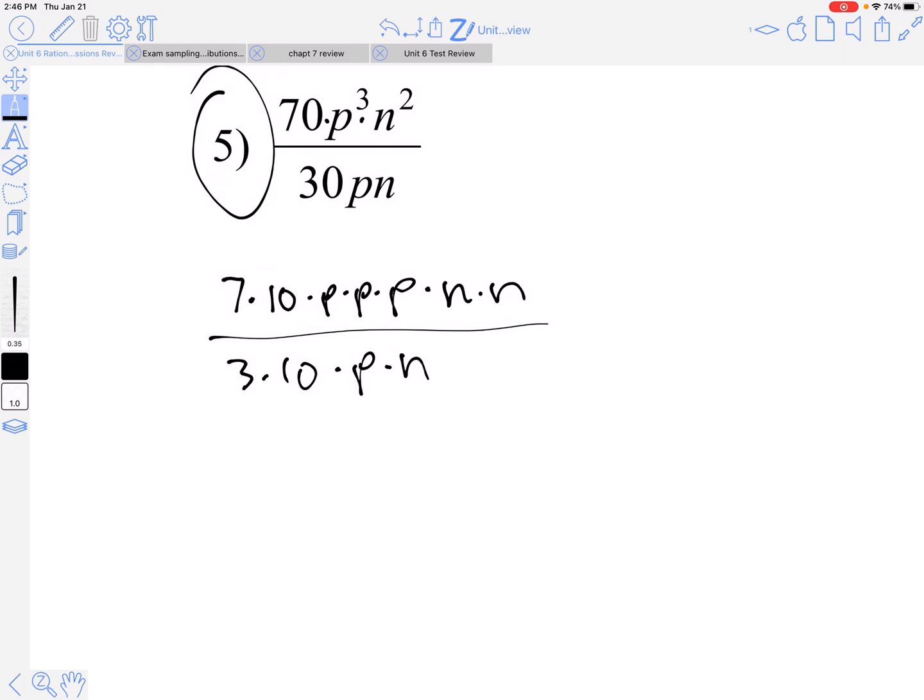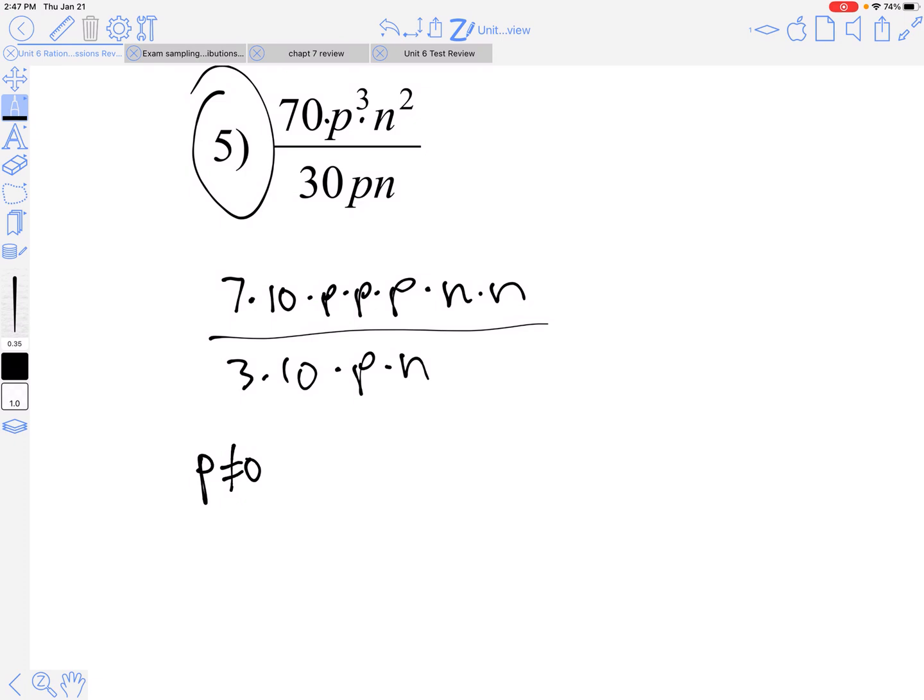So if we analyze the denominator, we have 3 times 10, which the only thing that can become is 30. So 30 can never become 0 on its own. But we are multiplying by 2 variables. So the only bad number to put into p that would make the denominator 0 is 0, right?